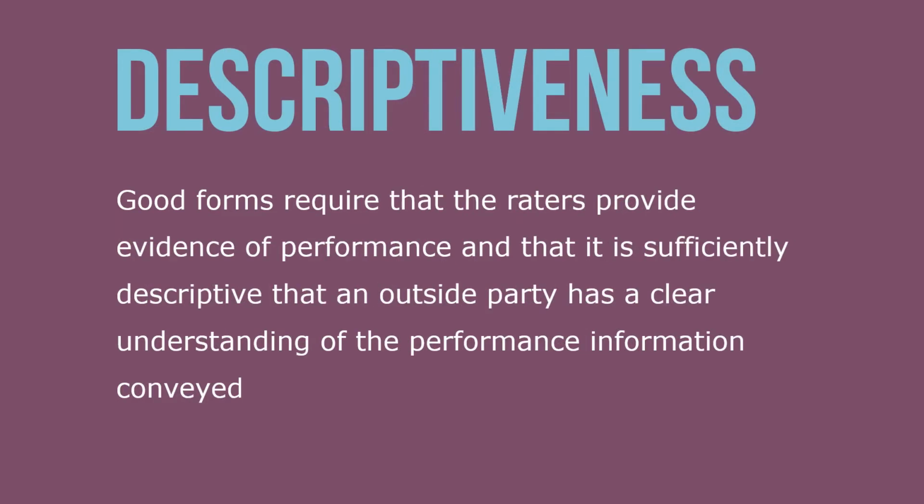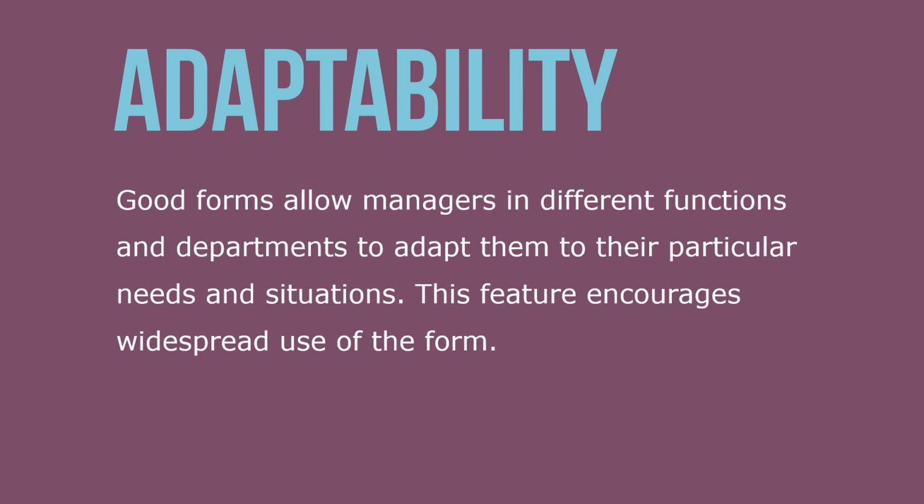Good forms require that raters provide evidence of performance and that it's sufficiently descriptive to an outside party so they have a clear understanding of performance information conveyed. Good forms allow managers in different functions and departments to adapt them to their particular needs and situations. This feature encourages widespread use of the form.